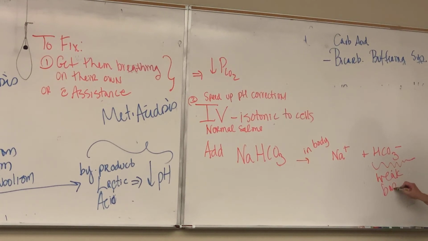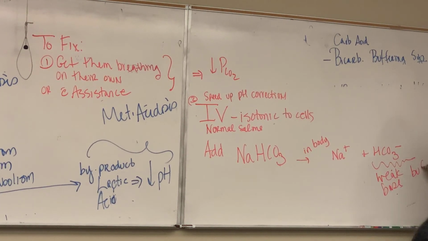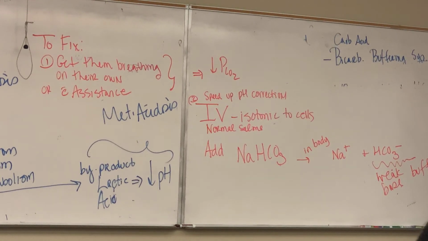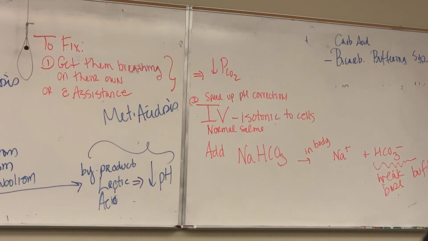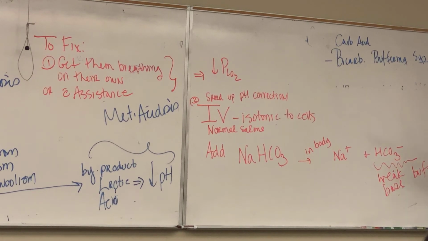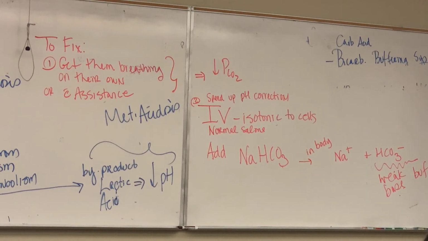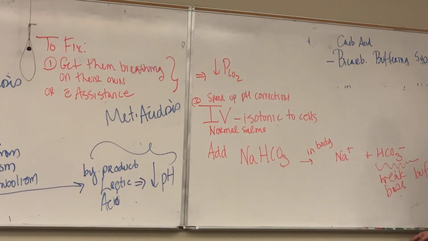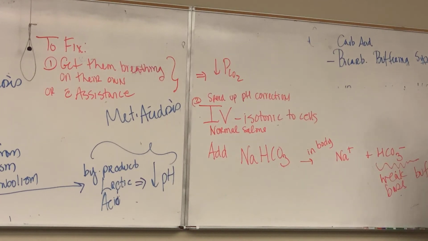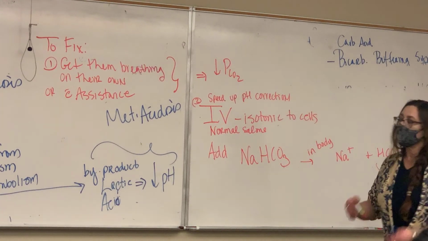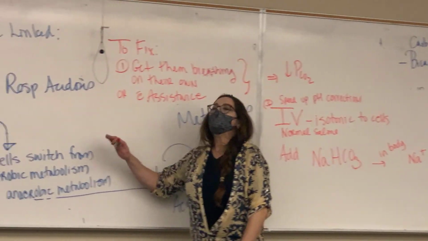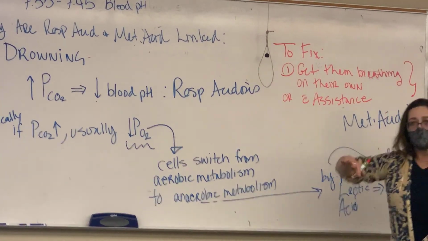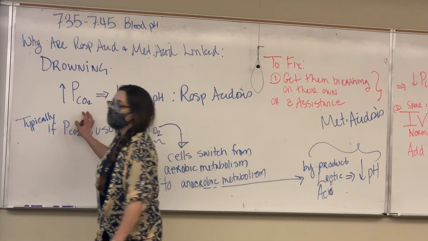Having that extra bicarb will act as a weak base and start buffering those extra hydrogen ions that are causing the low pH. We're in an acidotic state. So this is just helping to speed things up. Their own buffering systems will help to buffer. This is just giving them an extra shot of bicarb so that they can quickly buffer those hydrogen ions until we can get the hydrogen ions eliminated at the kidneys and or at the lungs.